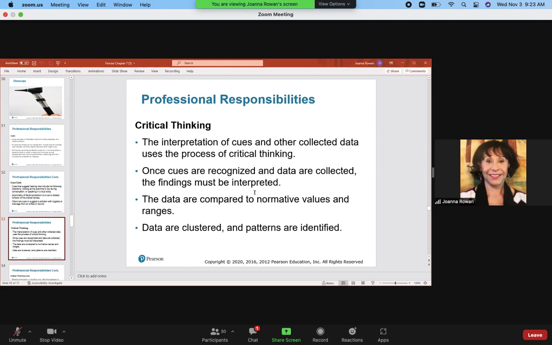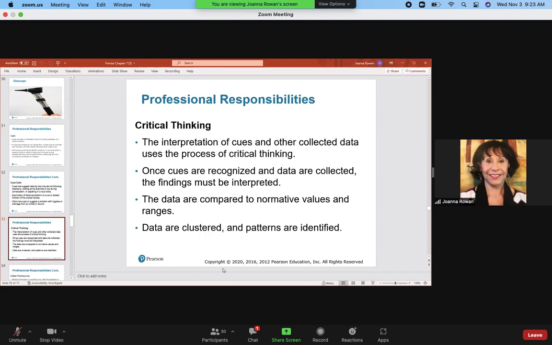So the patient has lost volume, or the patient is bleeding. In this case, you already got the data. So you have to compare the normative values and ranges versus what the patient gave you, the results. You already know that this patient has low hemoglobin, low hematocrit, and also the blood pressure is low.